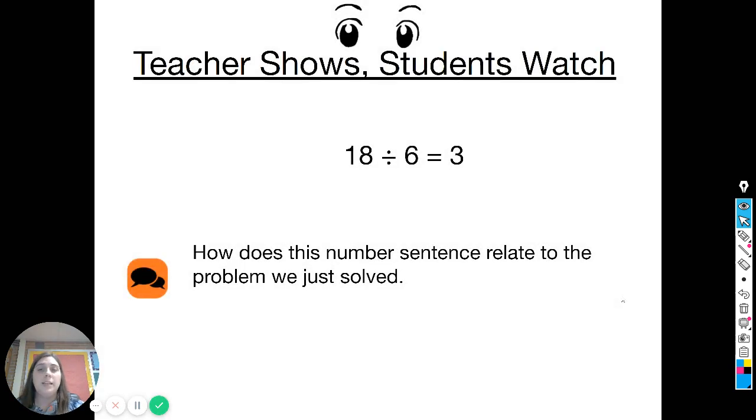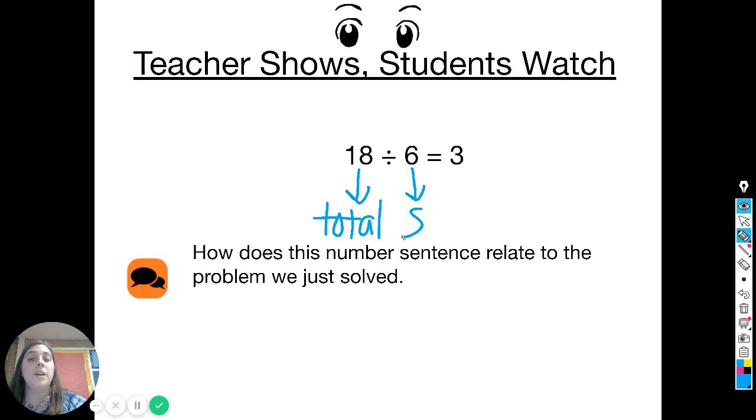So 18 divided by 6 equals 3. How does this number sentence relate to the problem we just solved? Well, 18 was our total. We know in division, our total is our biggest number, and our biggest number always goes first.